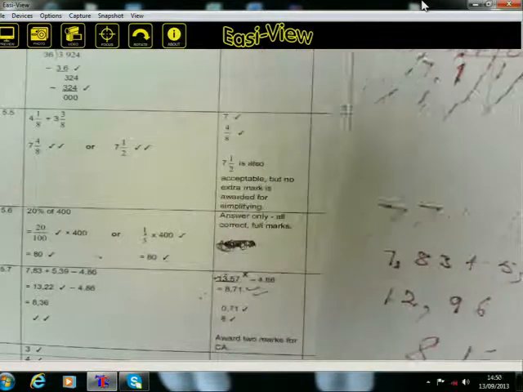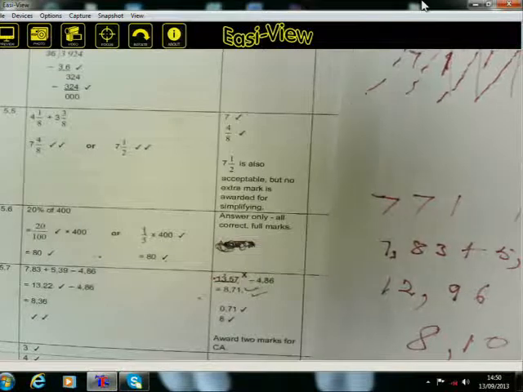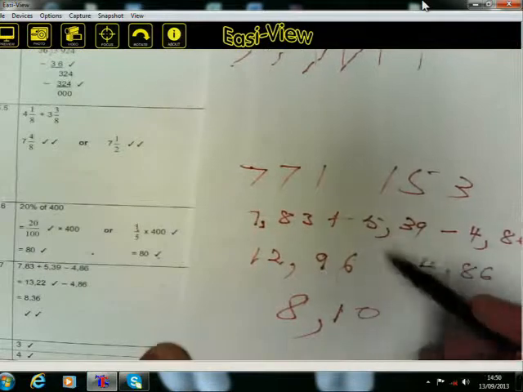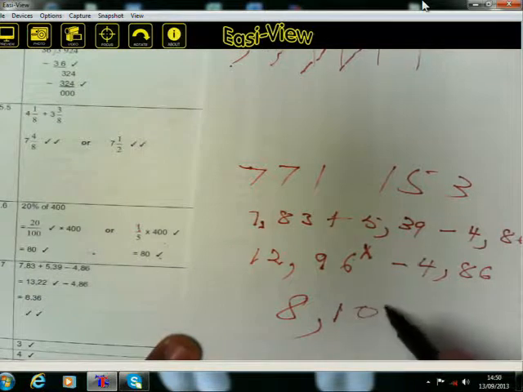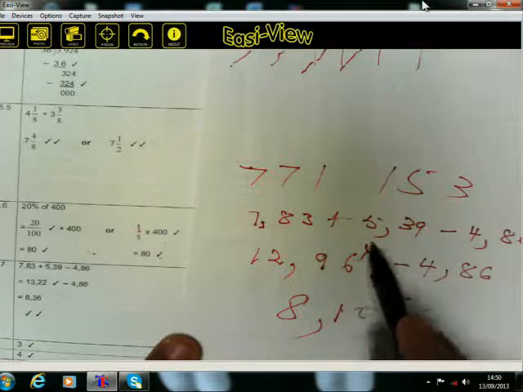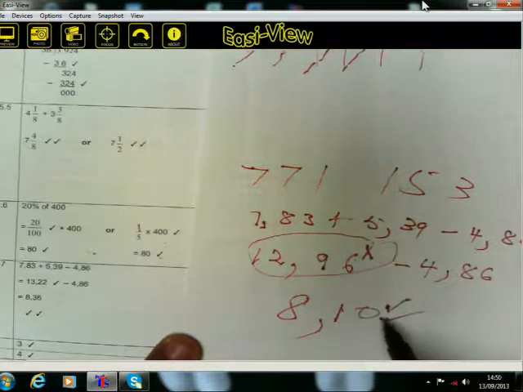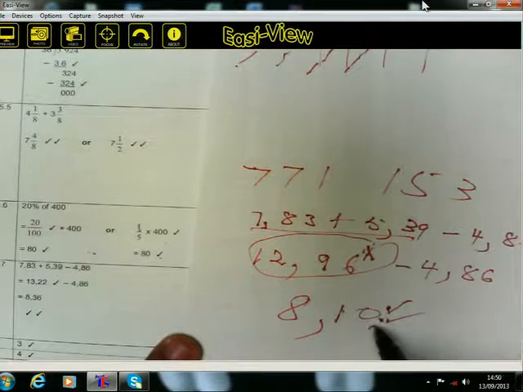So what happens here is, we'll mark him wrong here. But here, because this answer is correct, we'll credit him. With this wrong answer from the 2, he got the correct answer.